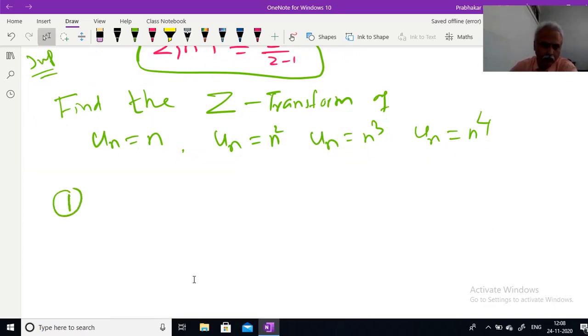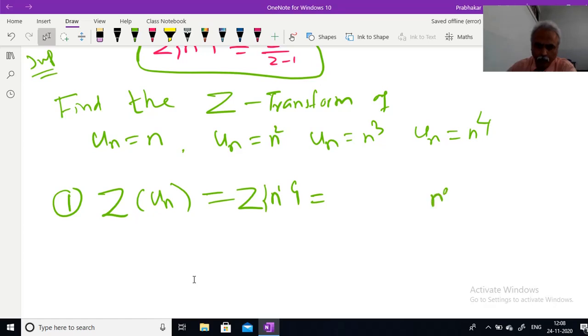First one, see carefully. To find the Z transform of n raised to 1, we take n raised to 0 and the Z transform of n raised to 0, we differentiate and multiply by minus z.